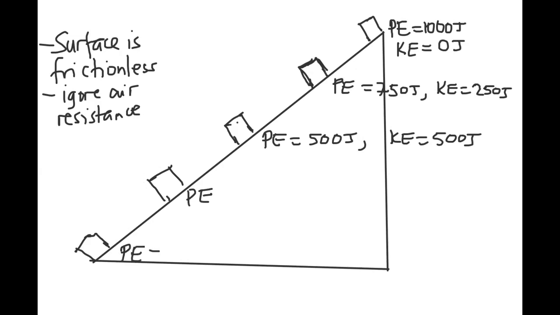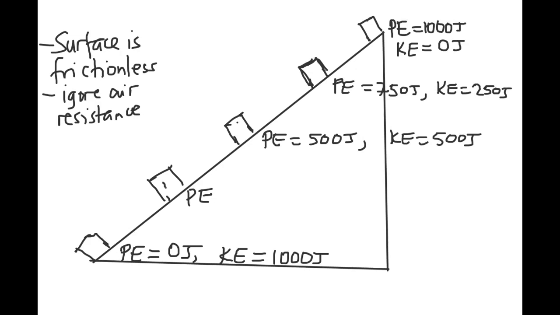And this position tells us potential energy has to be 0. There's no height, and kinetic energy will be 1000 joules, because we have lost all the potential energy. Now the energy is in the form of kinetic energy, and there's no air resistance and no surface friction.